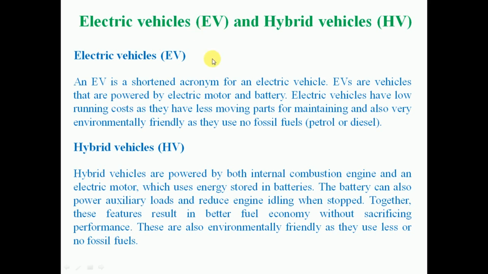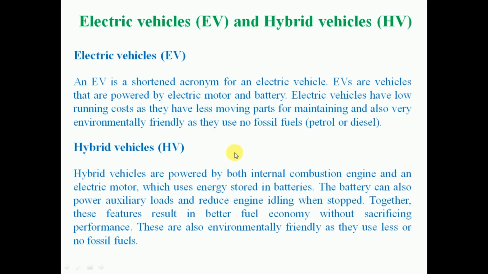Therefore the maintenance of the vehicle is also less, and they are very environmentally friendly, as electric vehicles will not emit any hazardous gases. Those are environmentally friendly, as they are not using any fossil fuels like petrol and diesel. An electric vehicle means simply a vehicle which runs on electricity by using the battery and the electric motor. That is the electric vehicle.